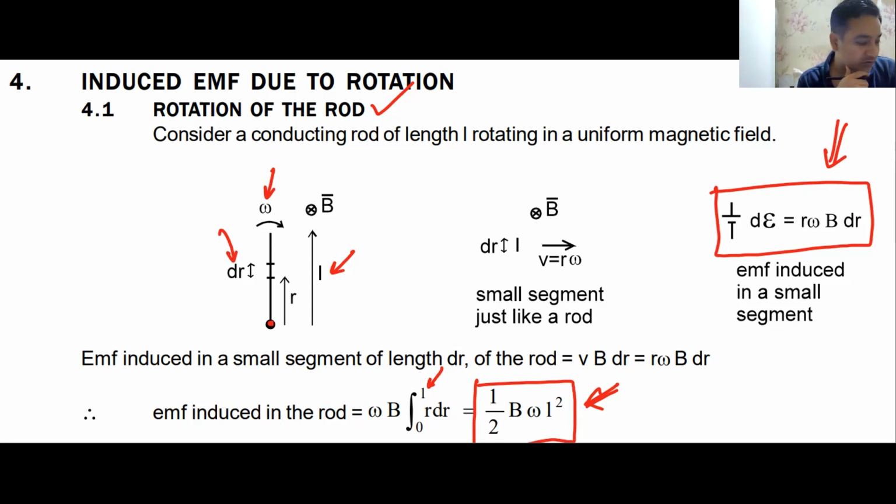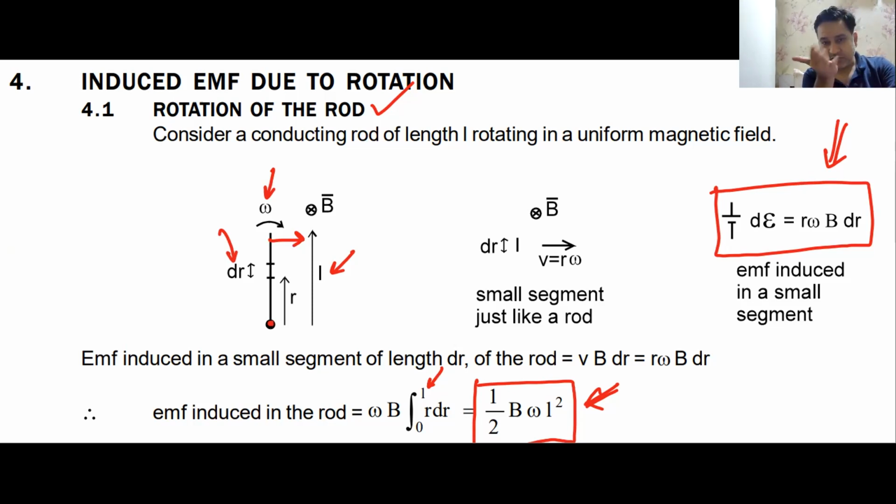How do you find out the direction of induced EMF? You take out the velocity V cross B. So your outer end will be at a higher potential and your inner end will be at a lower potential.